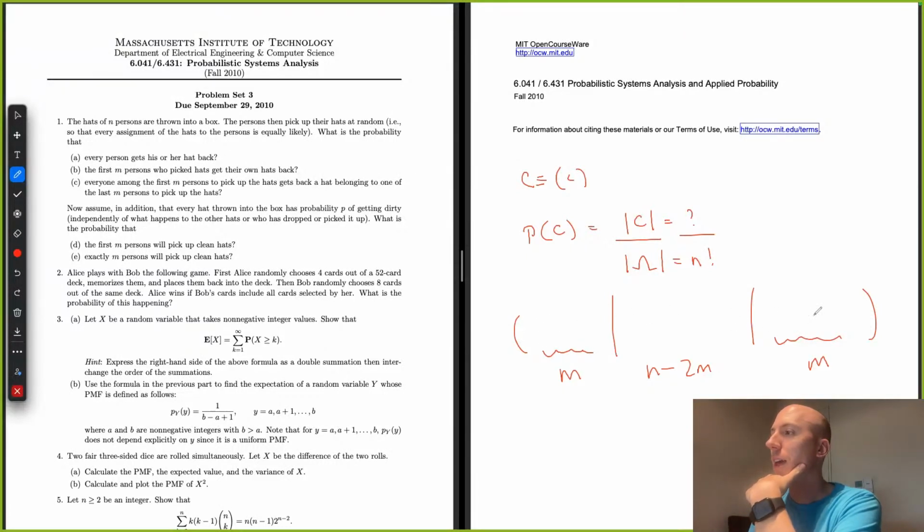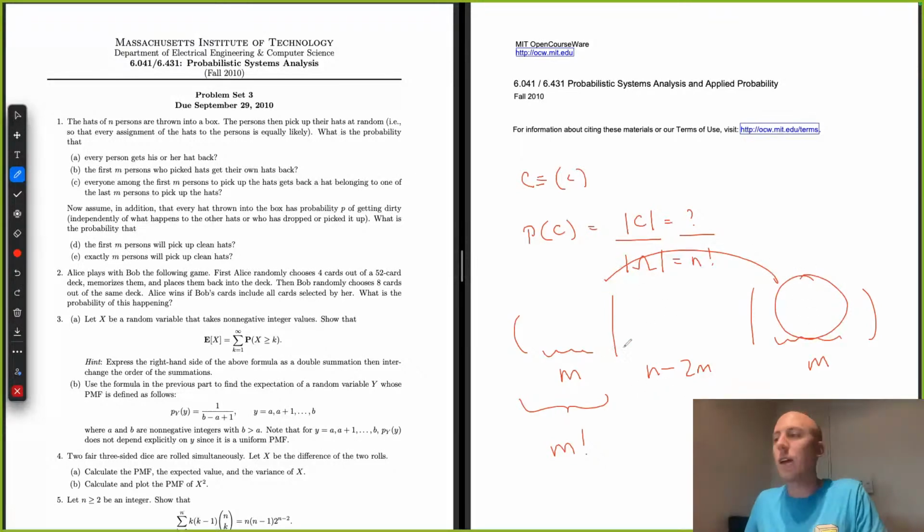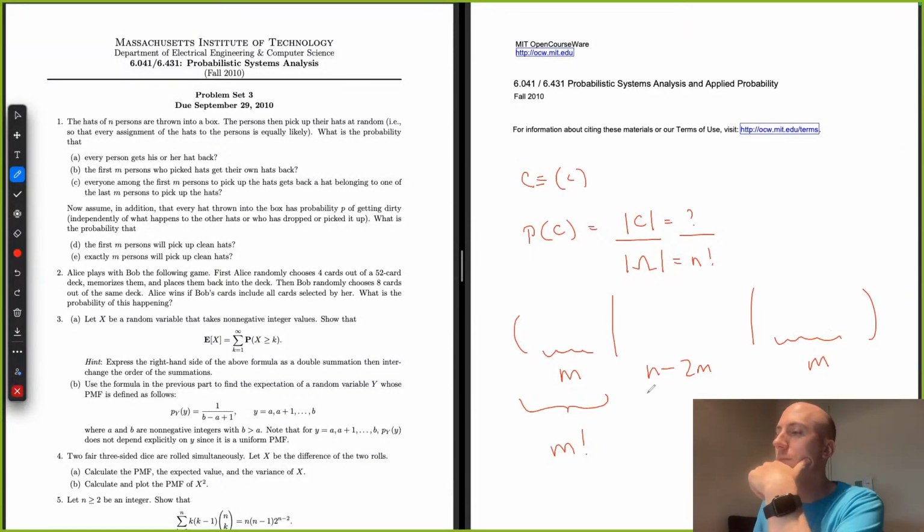If we think about how many things of this form there are, we have to think how many ways this could happen. And he was saying there should be m factorial ways for this first thing to happen, which is true. Let's just take these m hats and distribute them over here. So there are m factorial ways for that to happen. Now m hats are gone, so we have n minus m hats left.